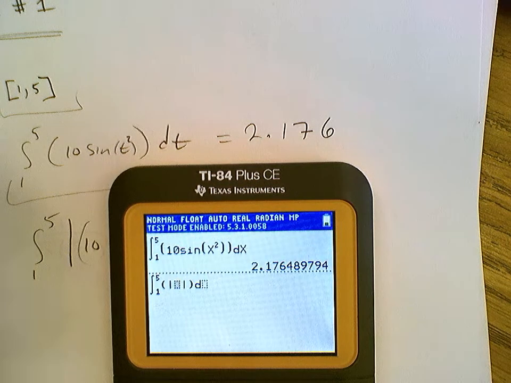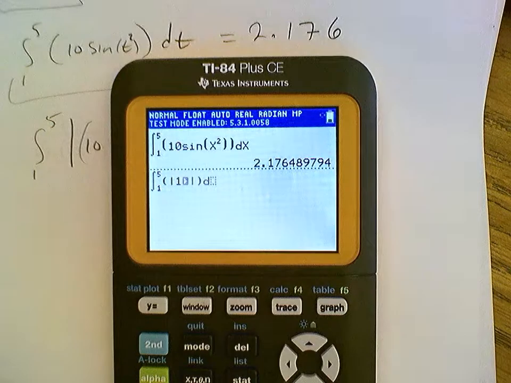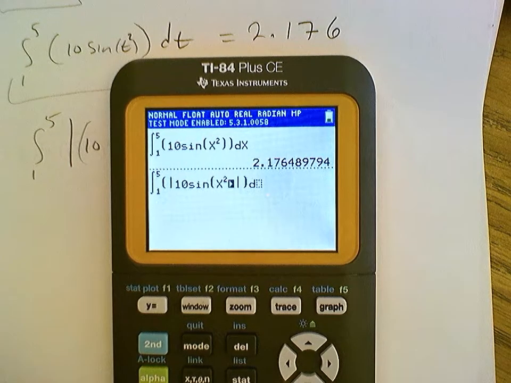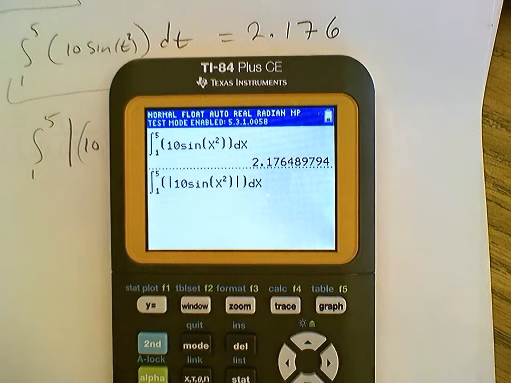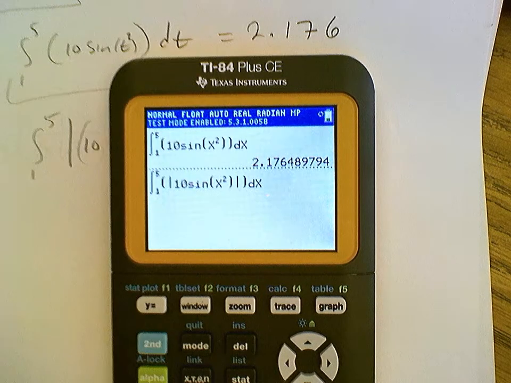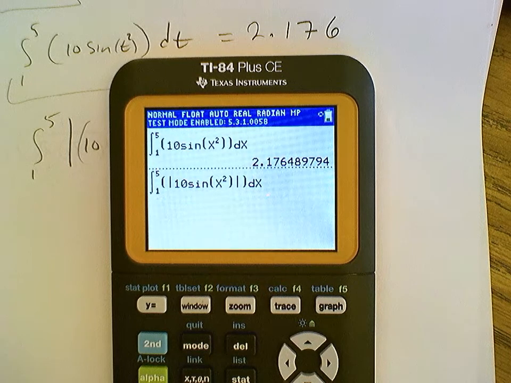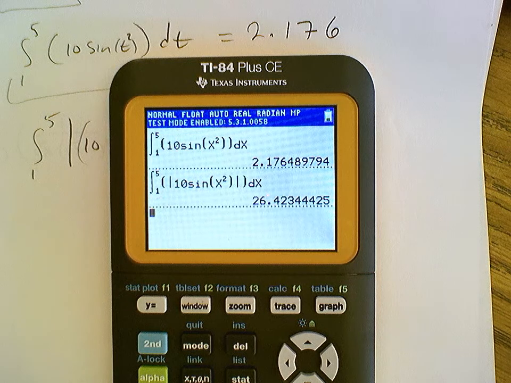It's that first one. And then 10 sine x squared. It's thinking. Let me grab the packet while it's thinking.